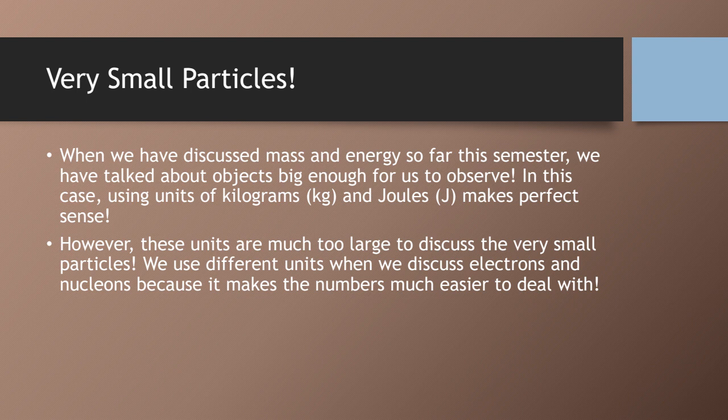But if we're talking about things like electrons and atoms and nuclei, those units are way too large to talk about the differences between those different types of particles. So we use different units when we discuss electrons and nucleons because it makes the numbers much easier to deal with and it allows us to compare the two.